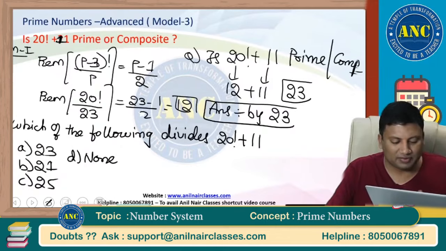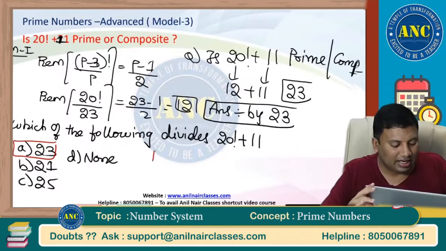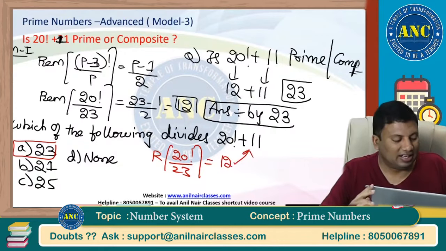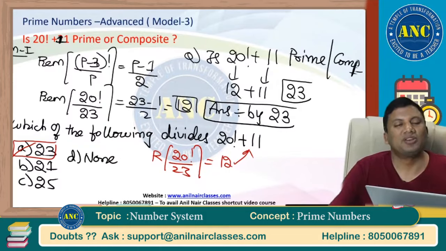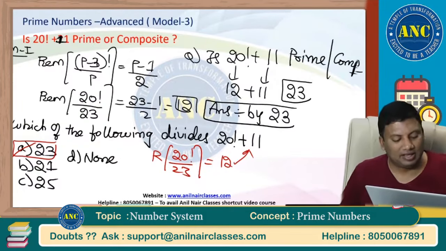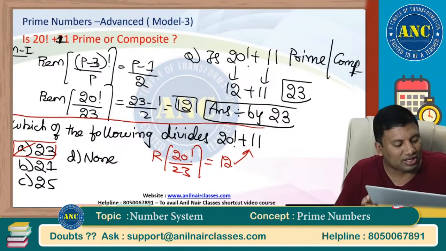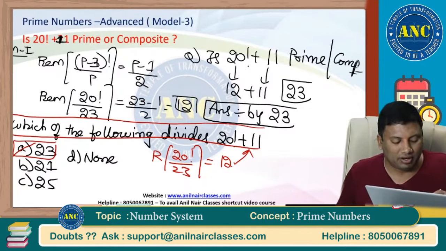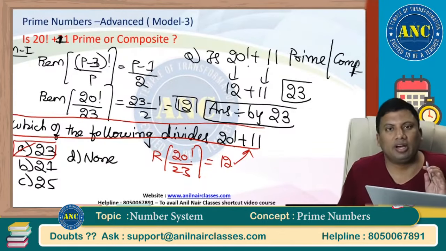This is the best way of solving, because if I take 23, I will get 20 factorial divided by 23, which is 12. 12 plus 11 is 23. So the answer is 23, perfectly divisible. Otherwise, the question will become a cakewalk for you, sir.